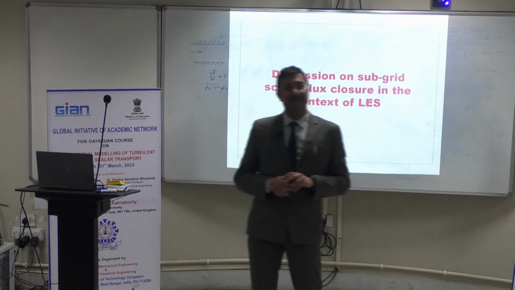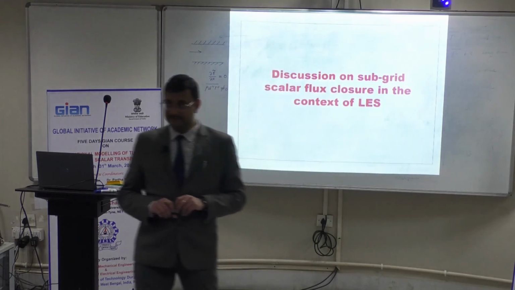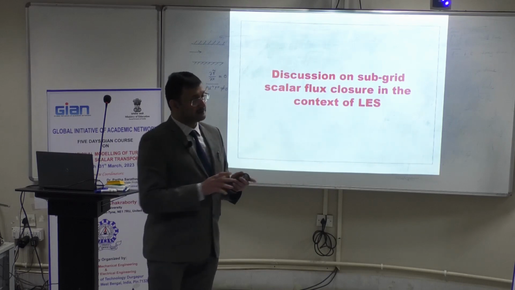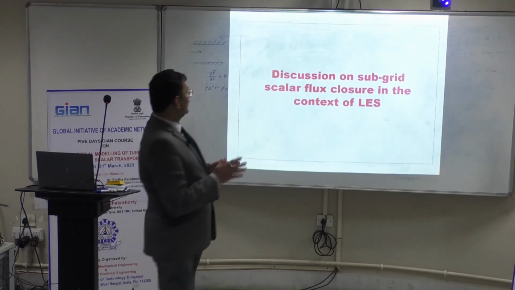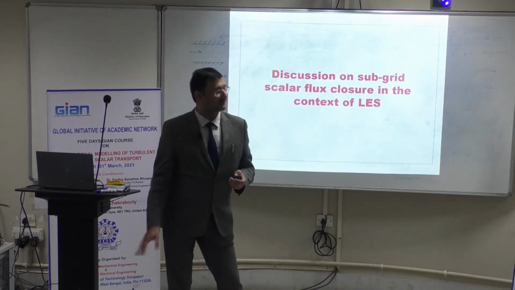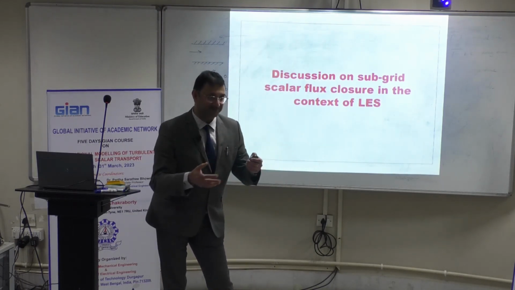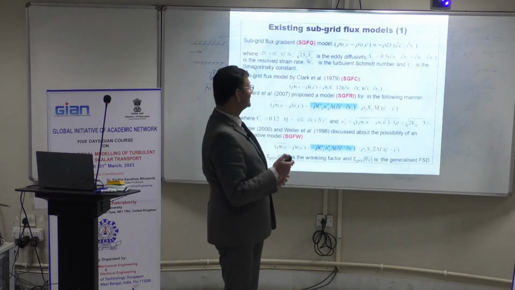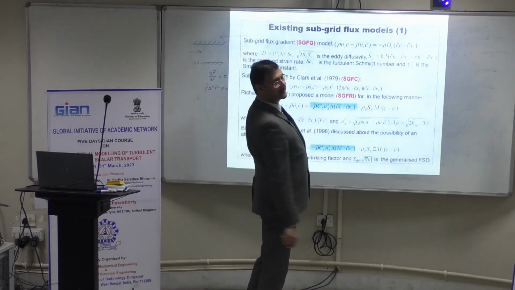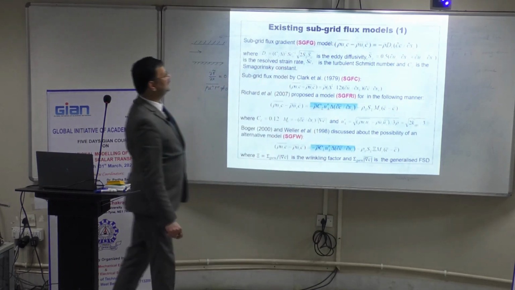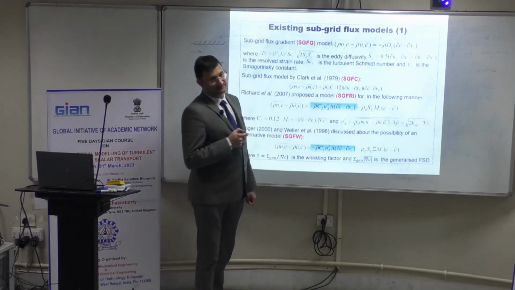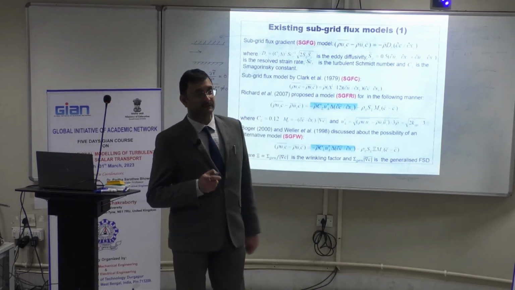Now we are entering into LES. In the LES context, we are going to talk principally about algebraic closure, because people don't actually solve an extra transport equation for the scalar flux. This is the conventional subgrid flux-gradient type of model. Dt is the subgrid turbulent diffusivity.